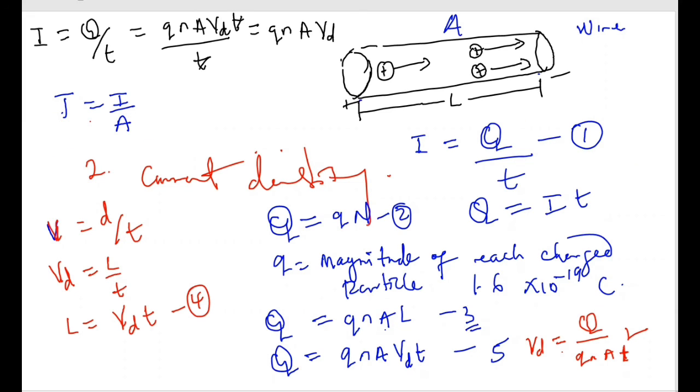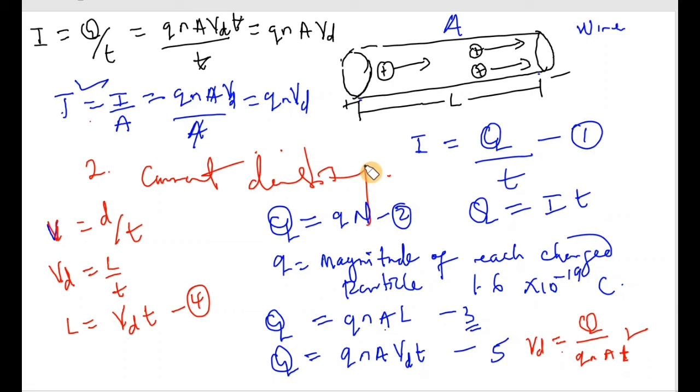So if that is the case, the current is qnA v_d, upon the area A. The A cancels, and we have J = qn v_d. So this is current density, current per unit area.